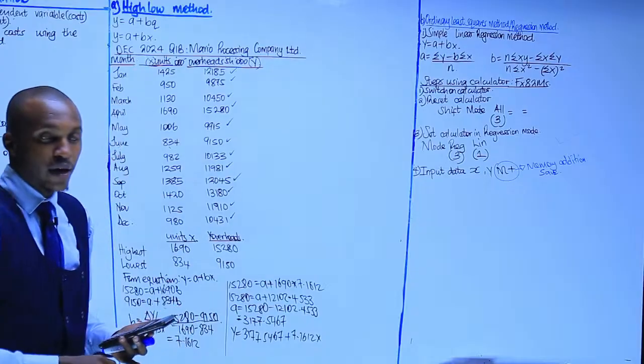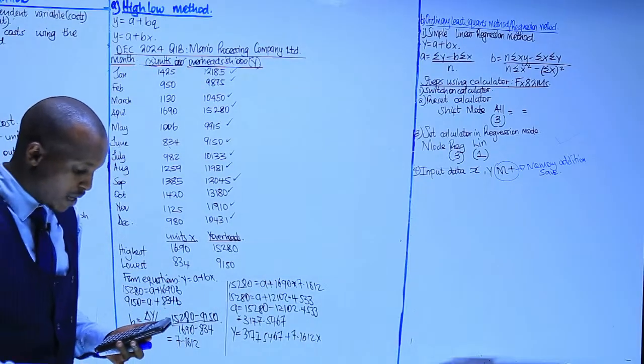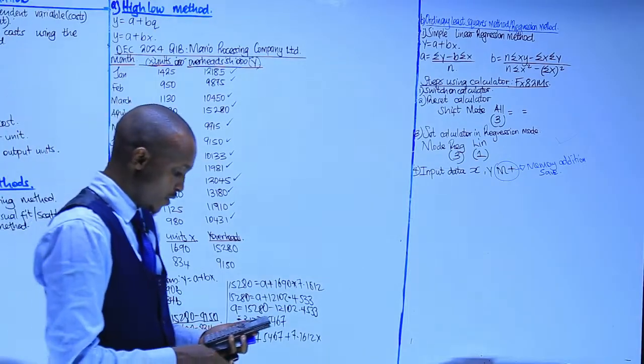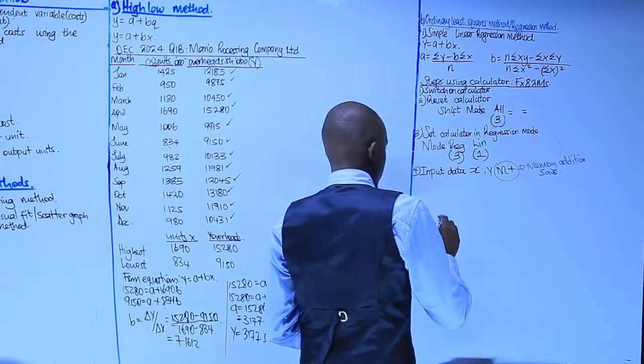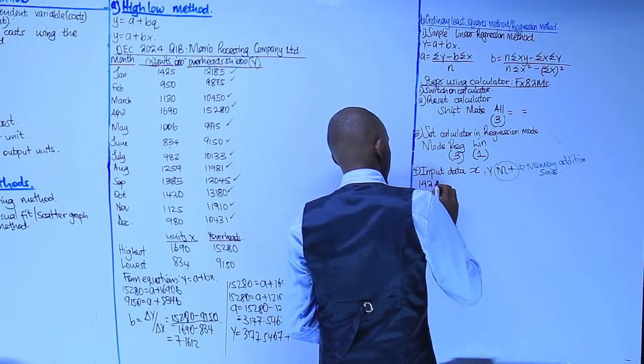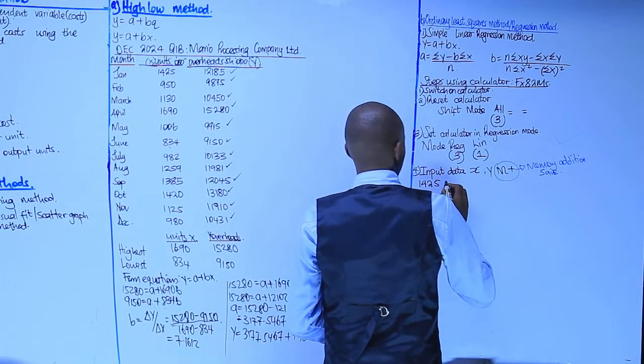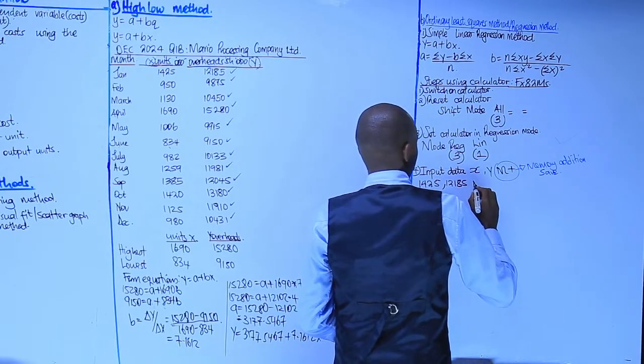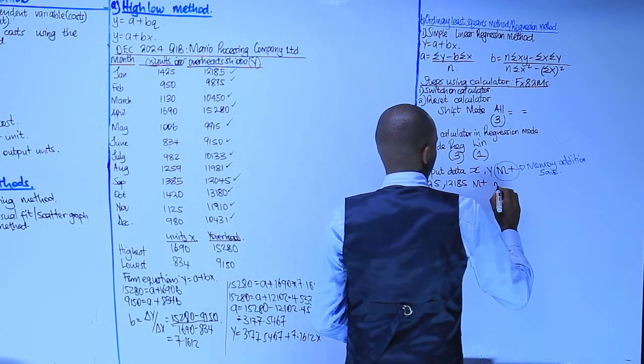Remember, the comma and the M plus are slightly above the DEL and AC buttons. If you press 1425, comma, 12185, M plus, n should give you 1.